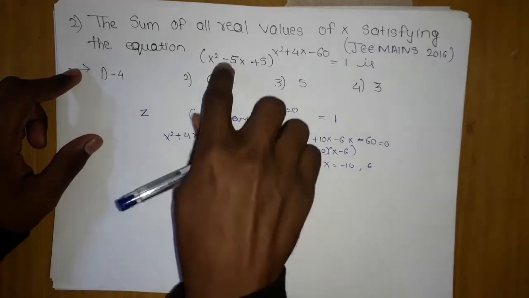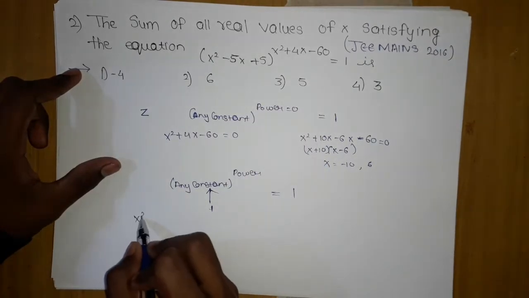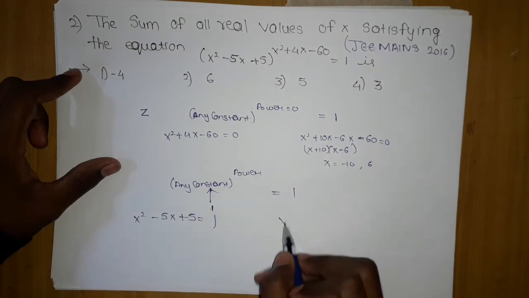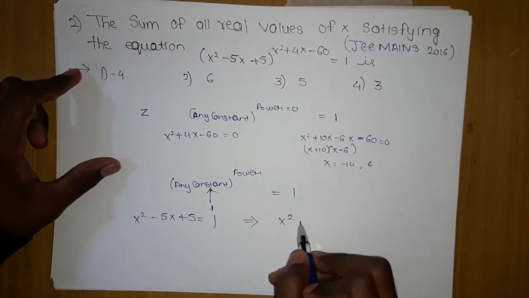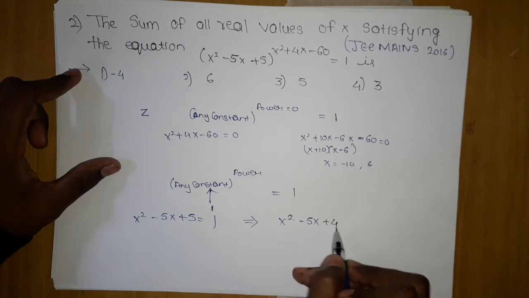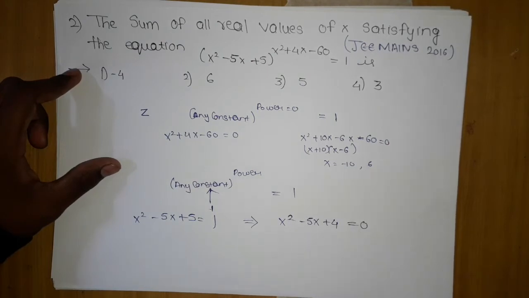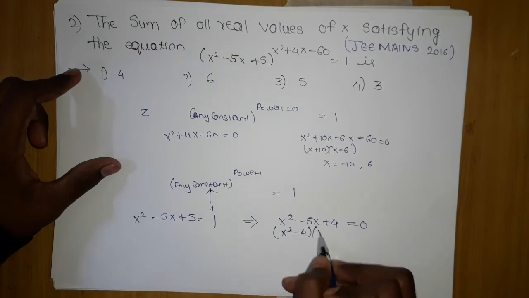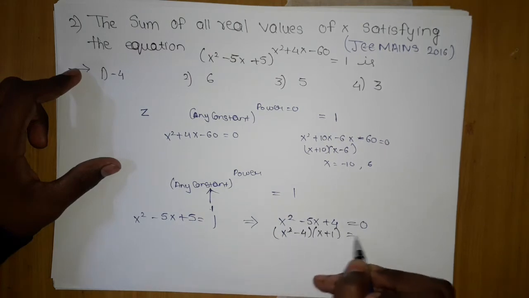So let's make this thing, x square minus 5x plus 5, equal to 1. If we solve it further, we have x square minus 5x plus 4 equal to 0, which gives us x minus 4 times x minus 1 equal to 0.